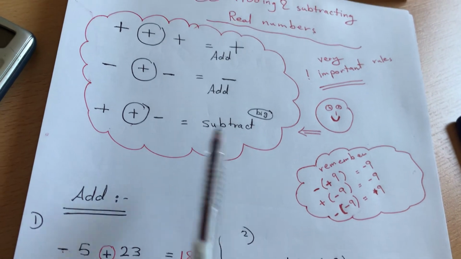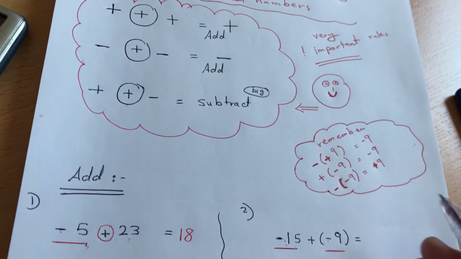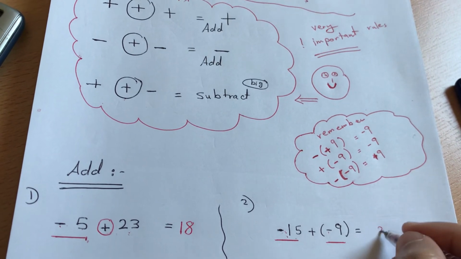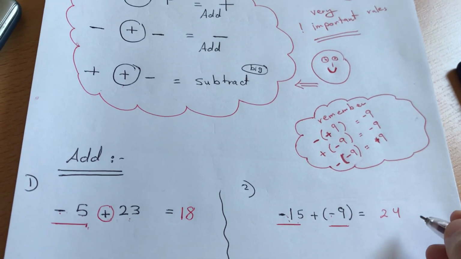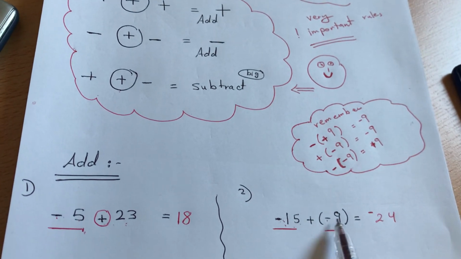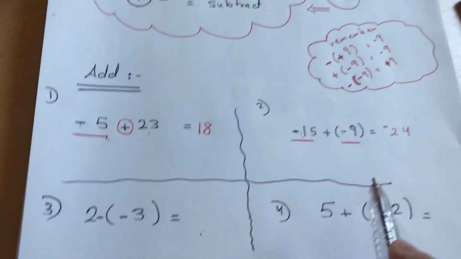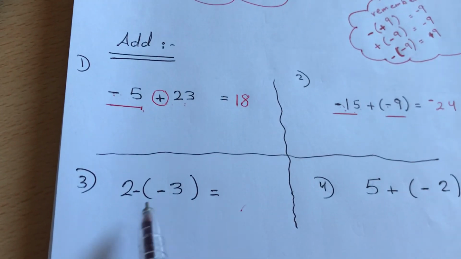So we will use the second rule: negative and negative, if it's the same sign, we will add. So we add 9 plus 15, which is 24, and we put the sign, which is negative.